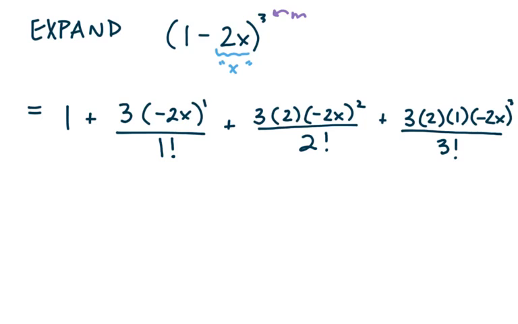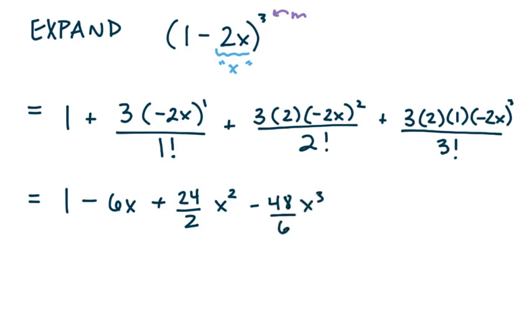So simplifying this, I would end up with 1 minus 6x plus 24 over 2 x squared, minus 48 over 6. 3 factorial is 6, x cubed, or 1 minus 6x plus 12x squared minus 8x cubed.